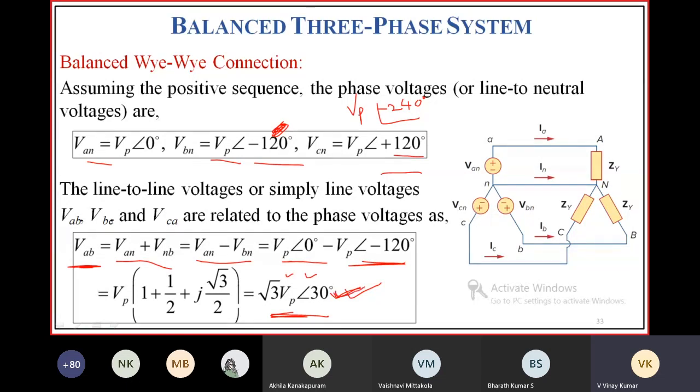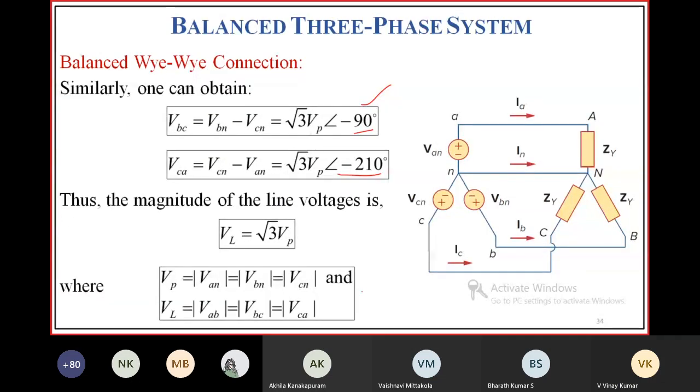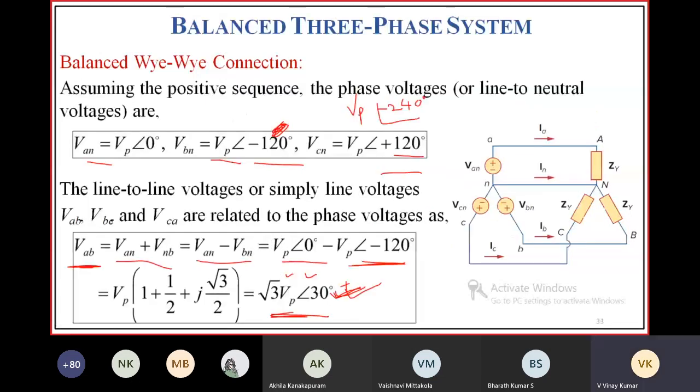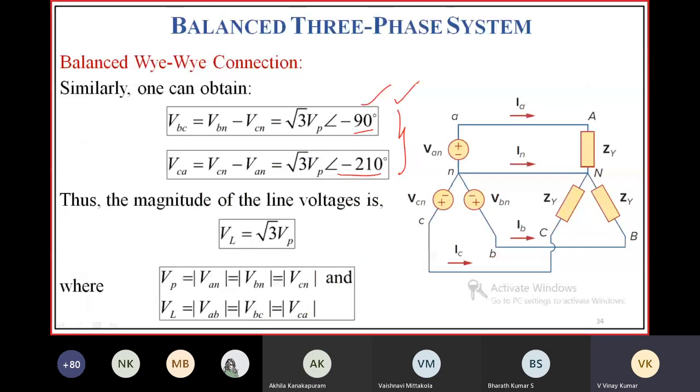If you know one line voltage, then you get the other line voltages by just adding minus 120 to it, so we get all these voltages VBC and VCA. VAB is root 3 VP at an angle 30 degrees, all line voltages are equal in magnitude, but displaced by an angle 120 degrees. 30 degrees minus 120 is minus 90 degrees.